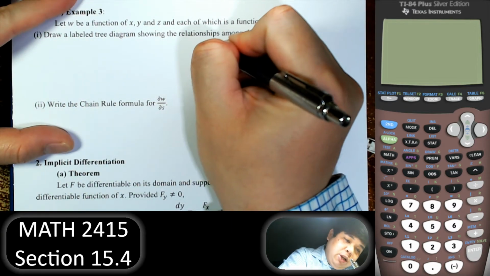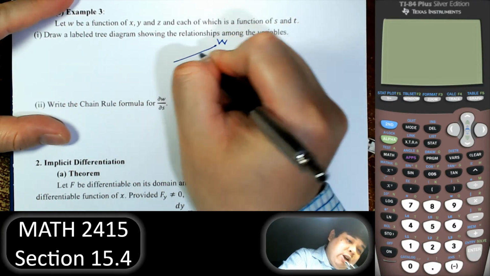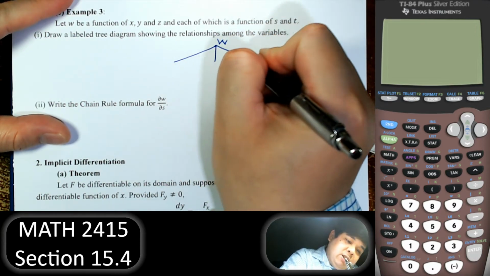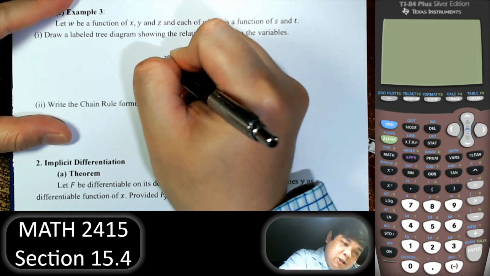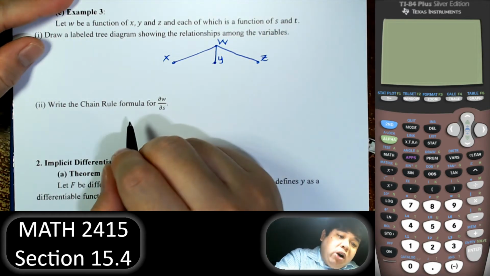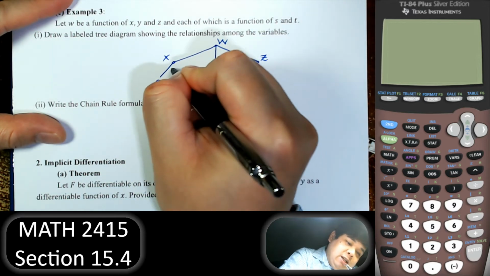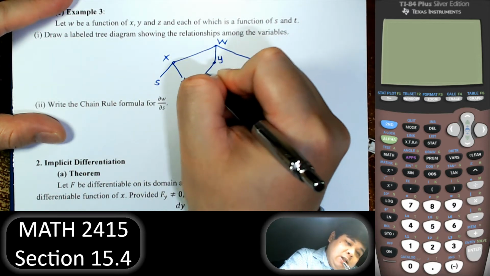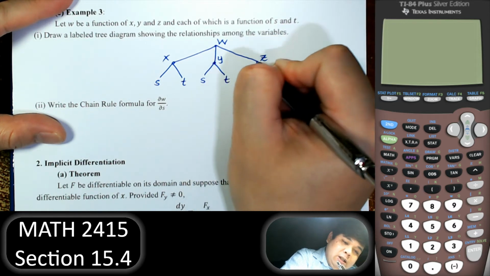So we have w, a function of x, y, and z, so 3 variables. So there will be 3 branches. And each one of them is a function of s and t. So s, t, s, t, s, t.